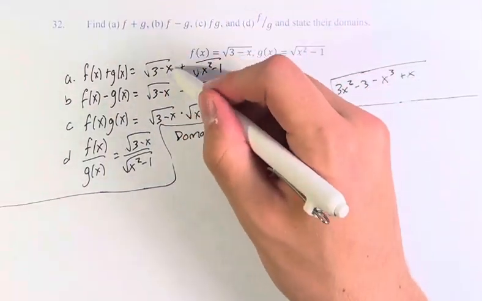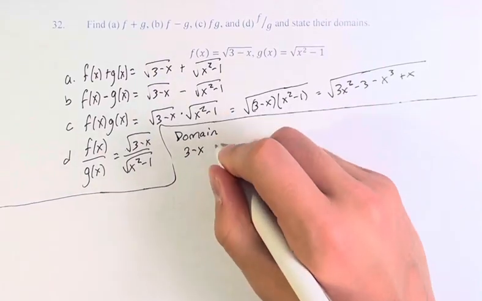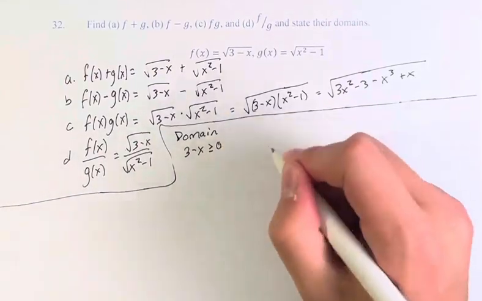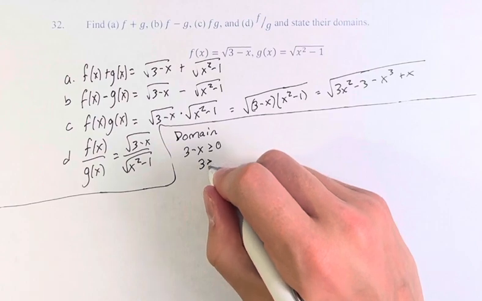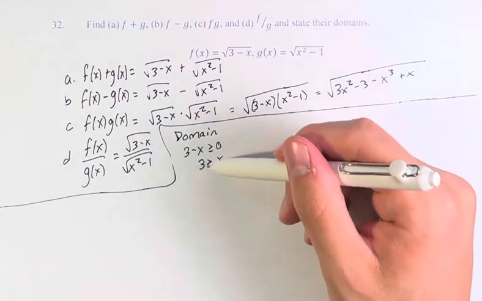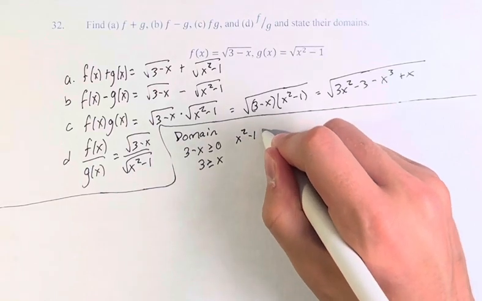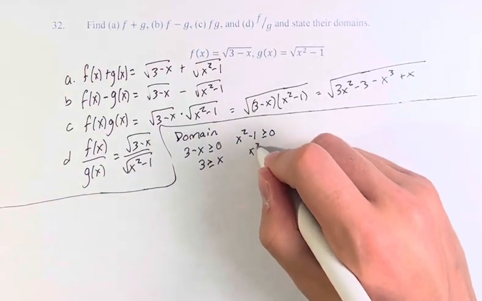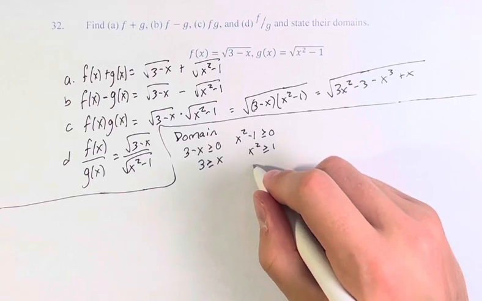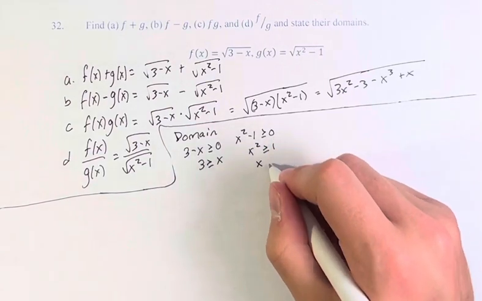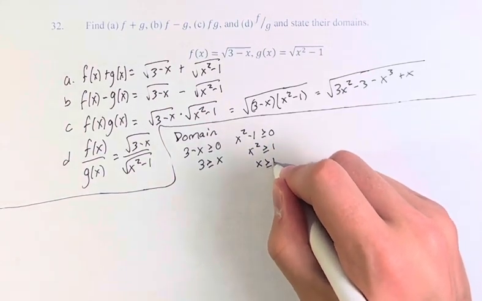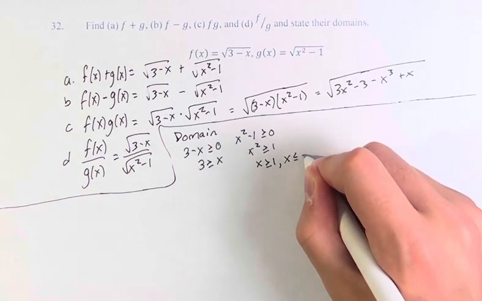for a and b, 3 minus x has to be greater than or equal to 0. Therefore, x has to be less than or equal to 3. And x squared minus 1 has to be greater than or equal to 0. Therefore, x squared has to be greater than or equal to 1, and x has to be either greater than or equal to 1 or less than or equal to negative 1.